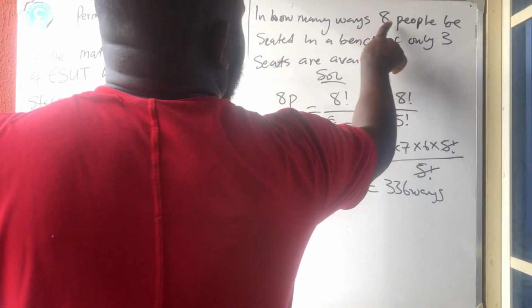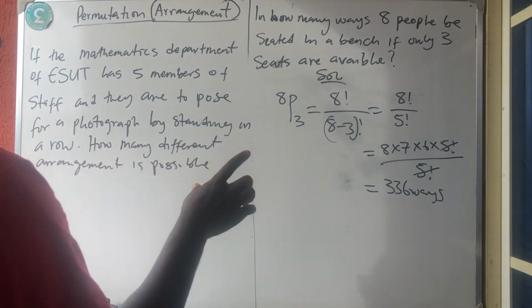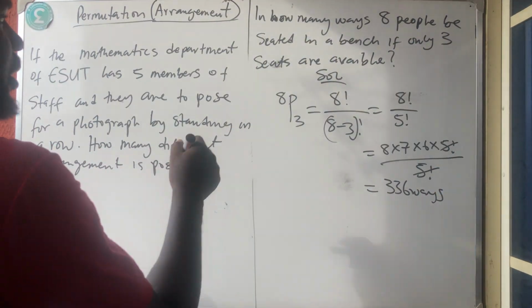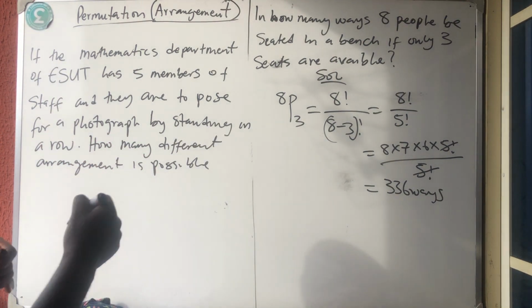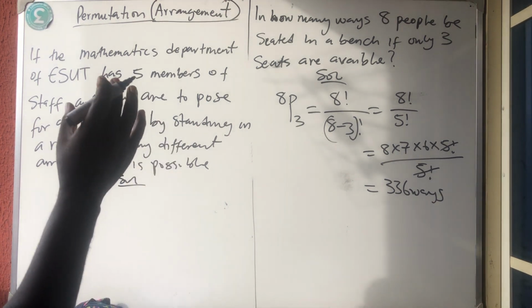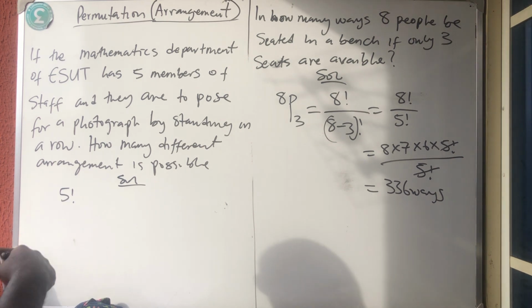They say, in how many ways can 8 people be seated in a bench? If they just say they are to be seated in a bench without telling that the bench can contain 3, then it simply means 8 permutation 8, or just 8 factorial. So since they are standing in a row and there is no restriction, it simply means just 5 factorial. That's the answer.